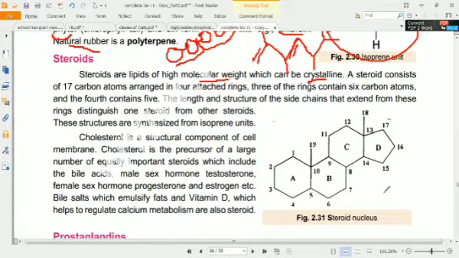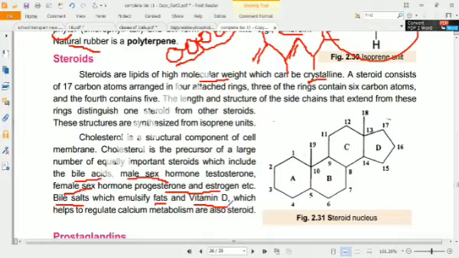Among those, we have bile acids which are present in the gallbladder, male sex hormones, this is testosterone, female sex hormones, called progesterone and estrogen. Actually they are made from cholesterol, and bile salts as well, which come from the gallbladder, which emulsify fats, and vitamin D is also made from cholesterol, which helps to regulate calcium metabolism. So they all are steroids.